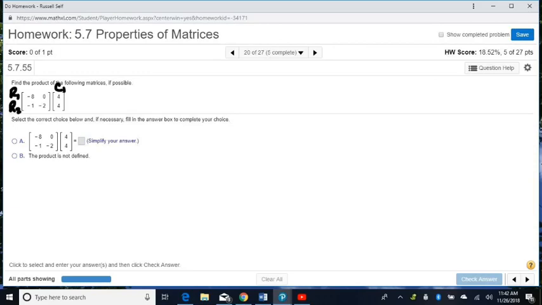Okay? So what we're going to do is take everything from row 1 times everything in column 1, but there are more things in row 1. There's two things in row 1, and there are two things in column 1. So we're going to take the things that correspond and multiply those together, and then add those products together. So let me get some space here so I can show you what I mean. Once you get this down, it's not so bad.